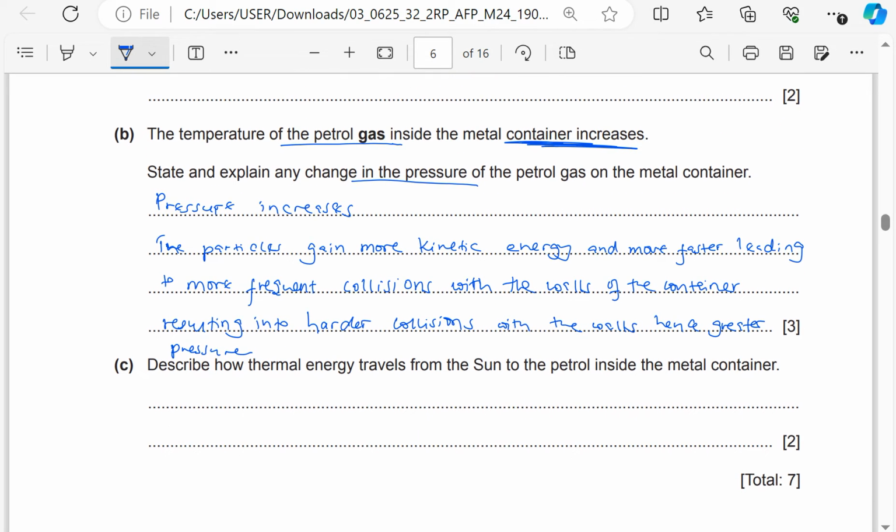Okay, that is the effect of temperature on the pressure of a gas.